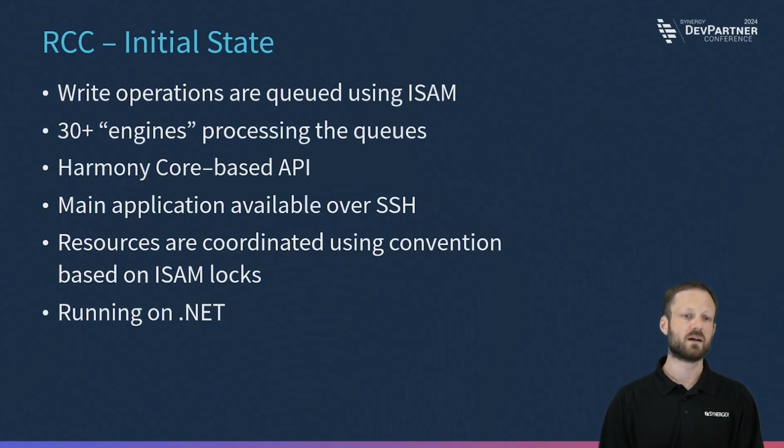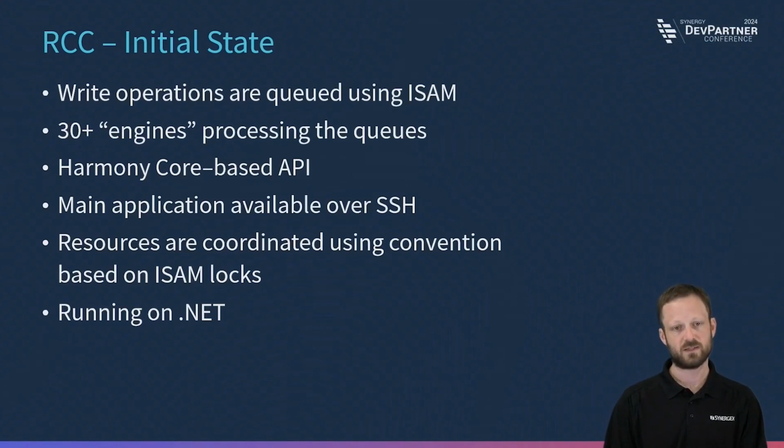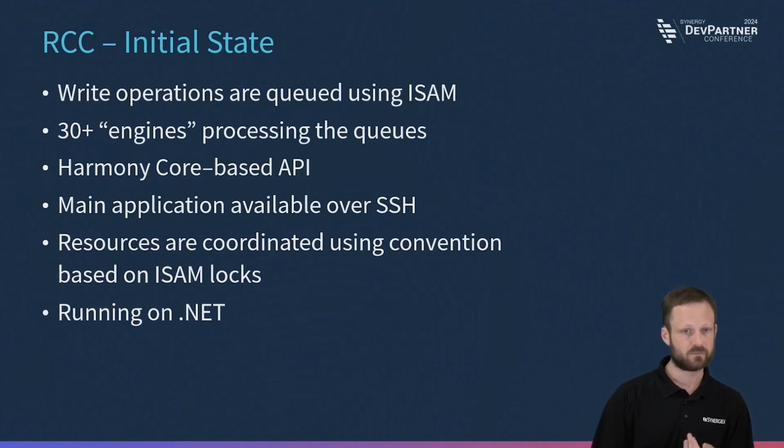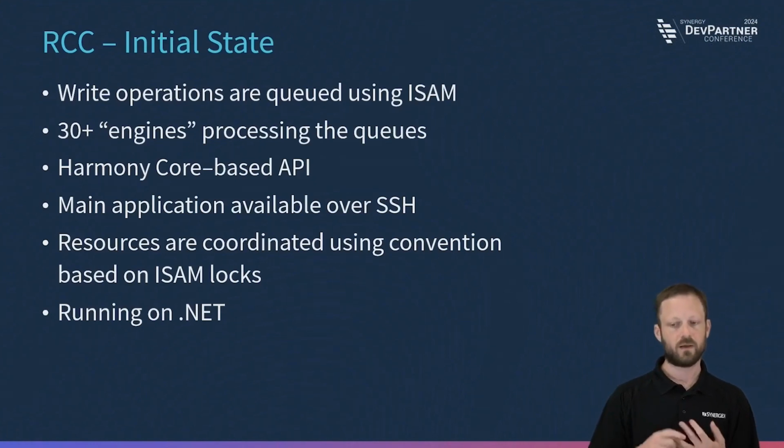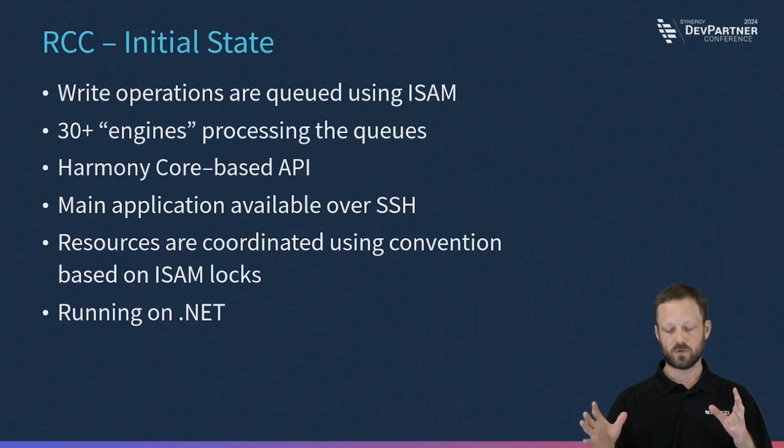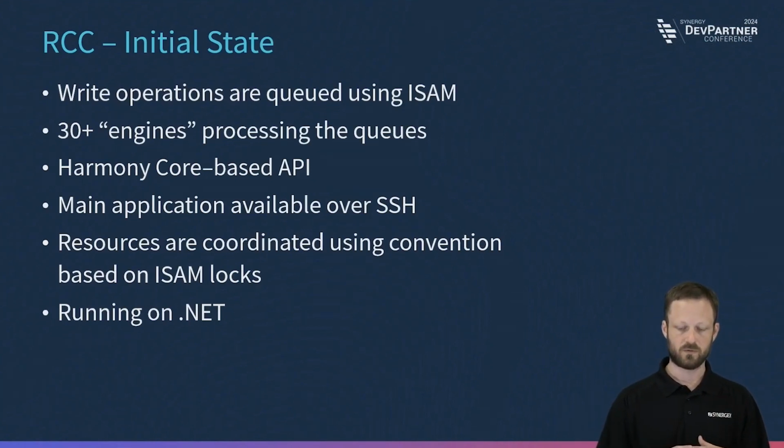Today, we have a Harmony Core-based API that sits on top of that. We have both direct data access via OData, and it's kind of a hybrid of traditional Bridge and native .NET. But we have logic that's exposed in there as well as just straight data access.